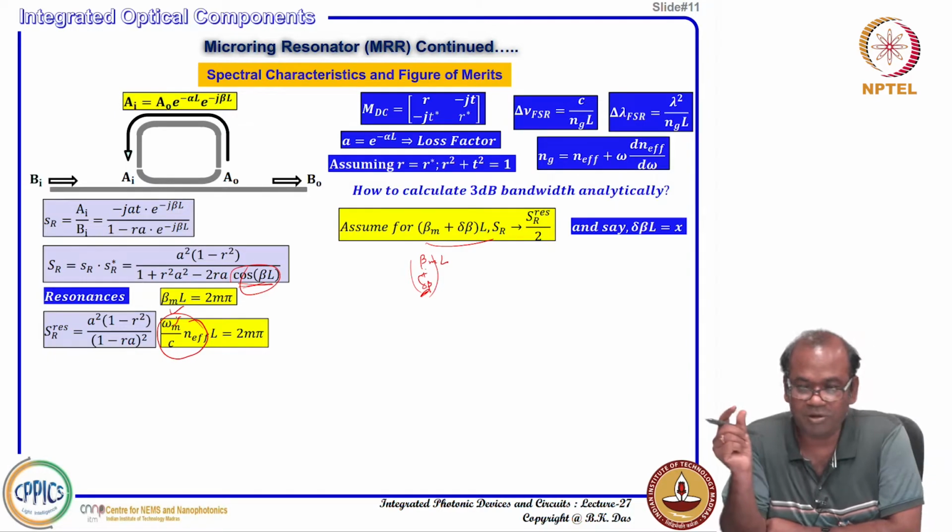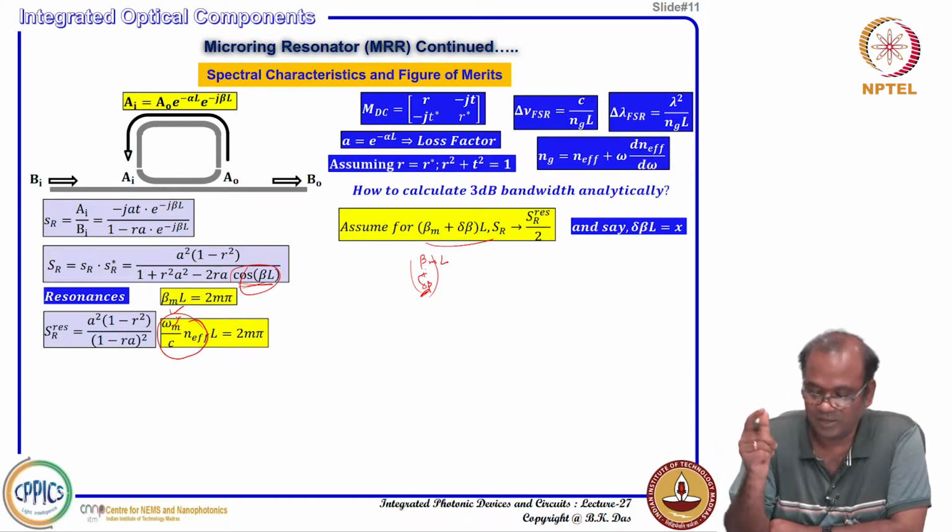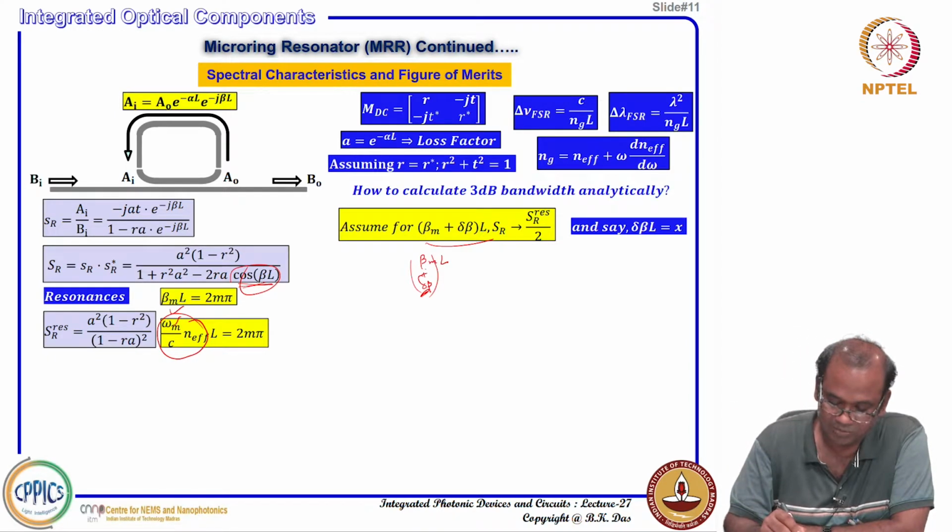If you tune the wavelength a bit, then your beta L, instead of 2 m pi, will be slightly increased. So in that case you will be writing something like cos of 2 m pi plus delta beta L.